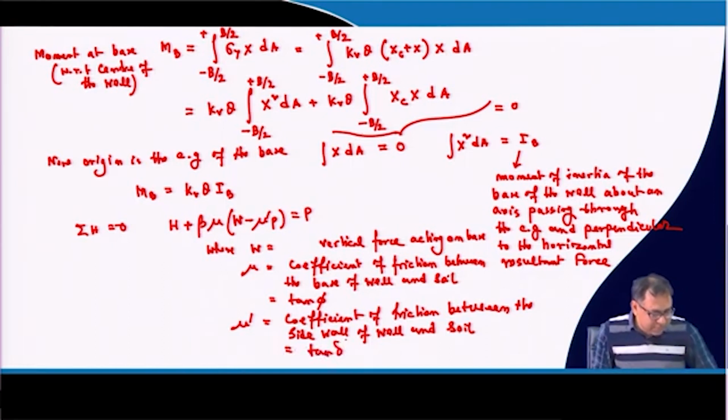Okay. So, delta is the friction angle between the soil and the side wall.